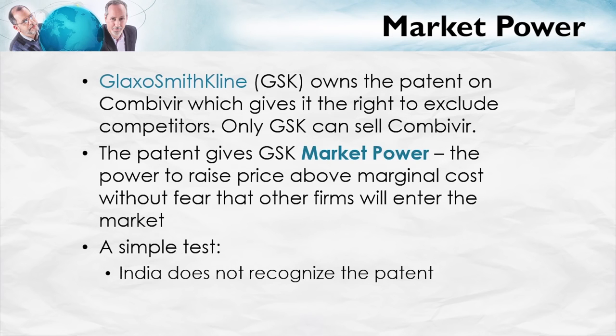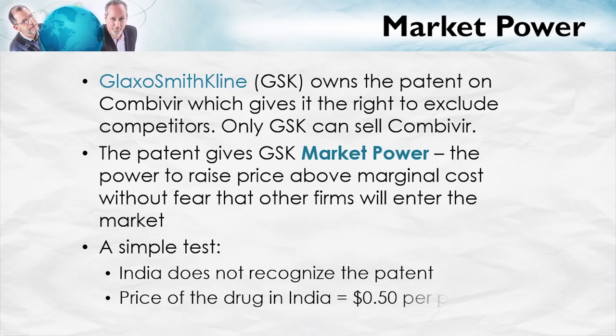So in India, there are many producers of Combivir who sell in a competitive market. As we know, in a competitive market, price will fall to marginal cost. And in India, the price of Combivir is about 50 cents per pill. Thus, in the United States, the price of Combivir is about 25 times higher than the marginal cost.